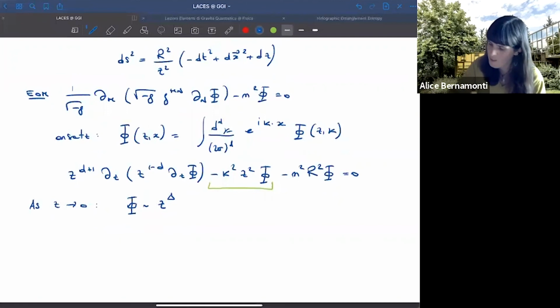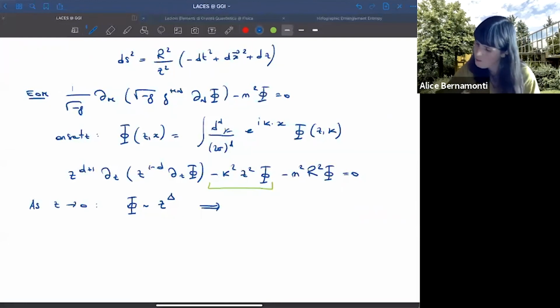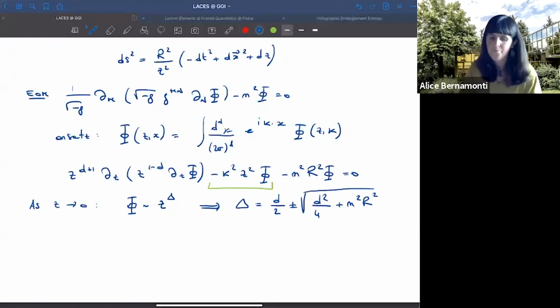And if we substitute in the equation, we just find a quadratic equation for delta, and the solutions are delta equal to d over 2 plus or minus the square root of d squared over 4 plus m squared R squared.